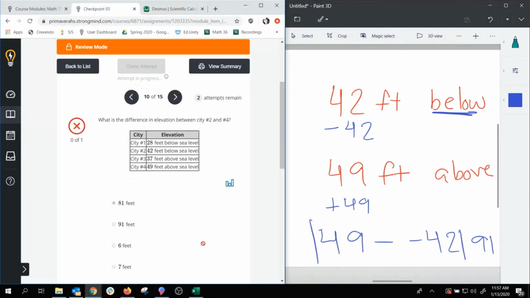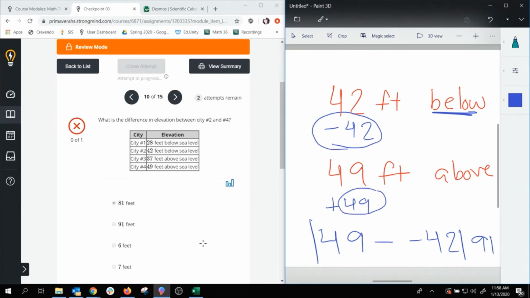So, Tyler, remember that these are the two numbers that we're finding the distance between, 49 and negative 42. And remember, you're always subtracting, so I'd have 49 minus a negative, don't forget that negative 42, which is why it gives you that positive 91.